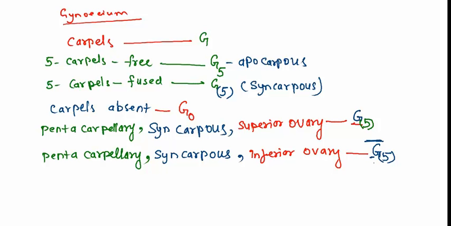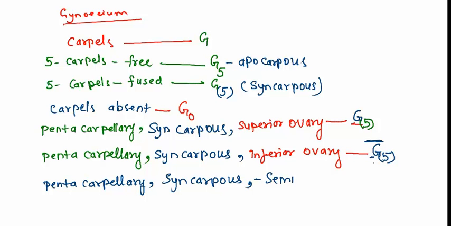pentacarpellary ovary. Now if another condition is there, the ovary is again pentacarpellary, still syncarpous, but the position of ovary is semi-inferior.